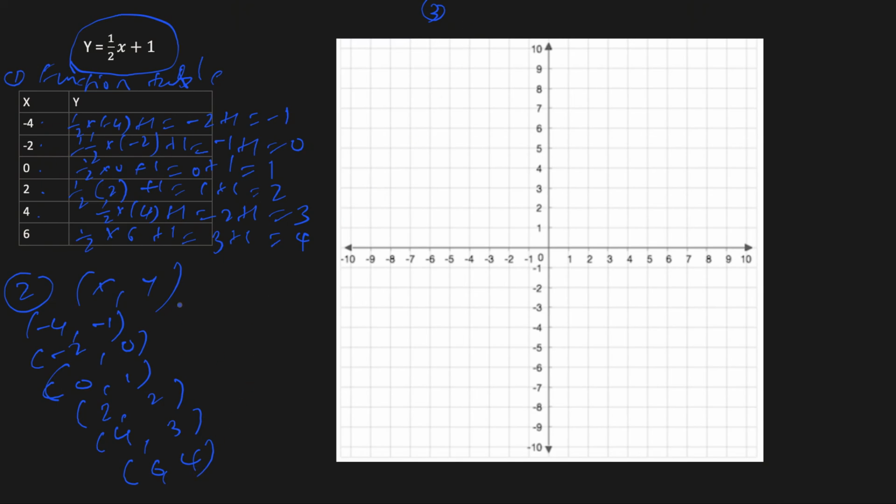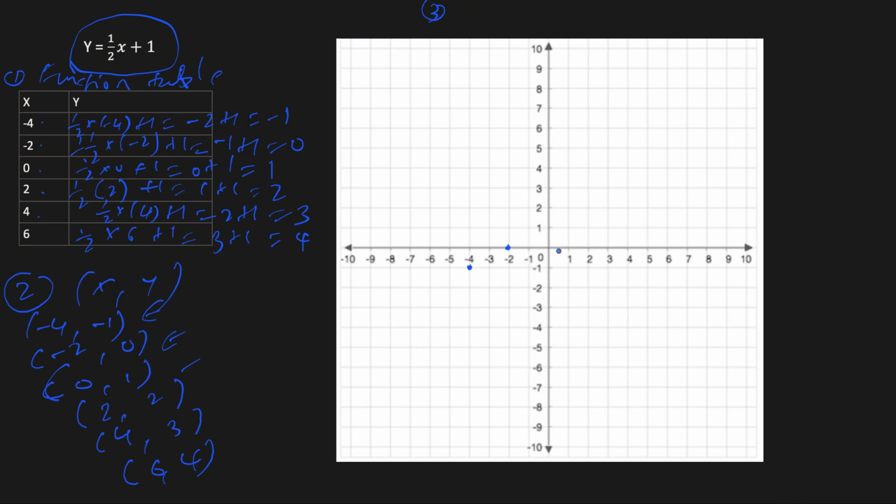All right, so the third step is plotting all the dots, or marking all the points having these coordinates. So first, x is minus 4 and y is minus 1, which is this point. Then x is minus 2, which is this point, and then y is 0.